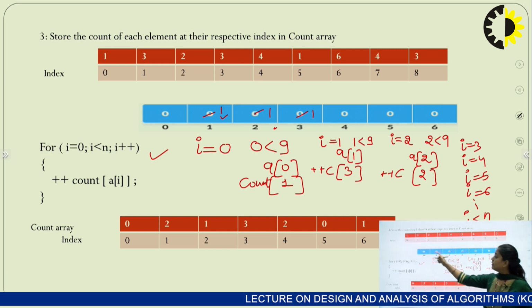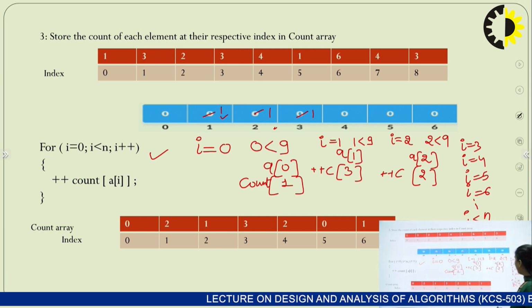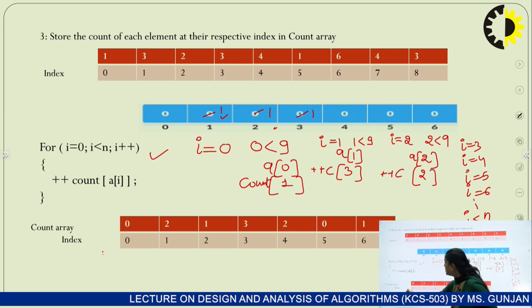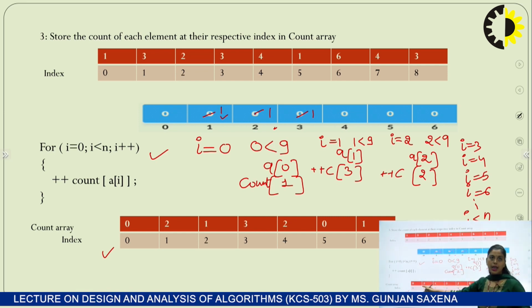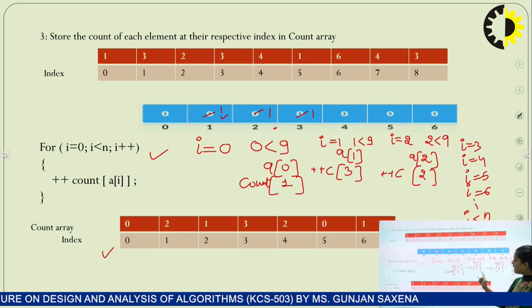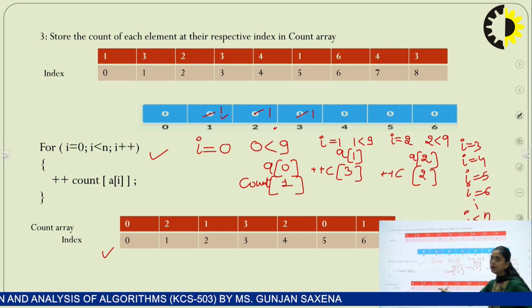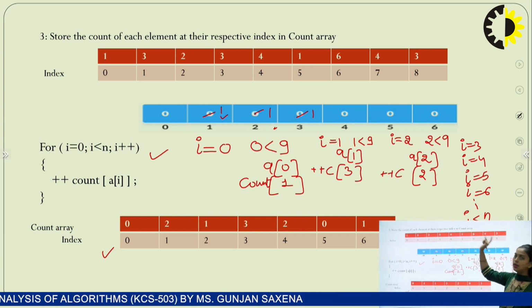After moving through this loop by these kinds of iterations, we got this counter array value. So this counter array actually gives the exact count of these distinct values in the given array. I hope you can understand how this particular count array is created. Next.